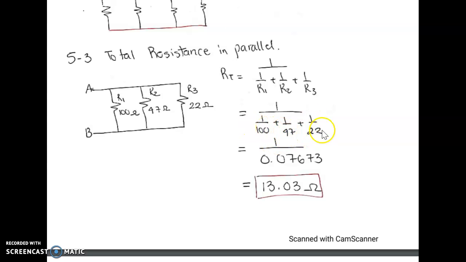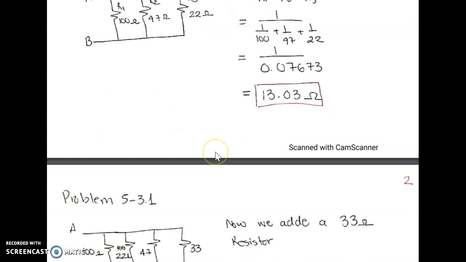I find the reciprocals and then I divide 1 by that and it gives me 13.03 ohms. It's important to remember that the rule, if it is a parallel circuit, is that the total resistance has to be smaller than the smallest value of the parallel resistors. In this case, 22. We get 13, so we satisfy that.